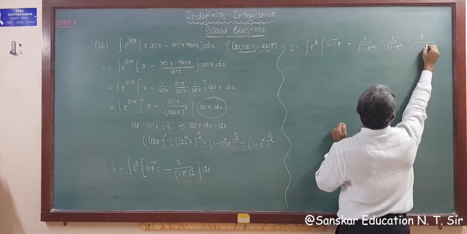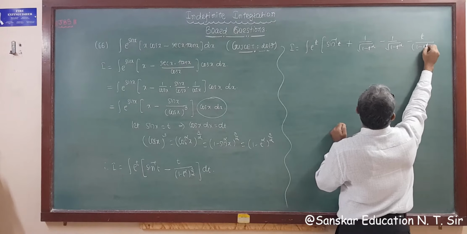Now this is sin 10x. The answer of this is sin raised to, this is f(x), this is f'(x), so one power more, sin raised to 10x upon 10, right? Sin raised to 10x upon 10 minus the integration, the derivative of this is cos 10x, right, into 10 into 10, got it, right?